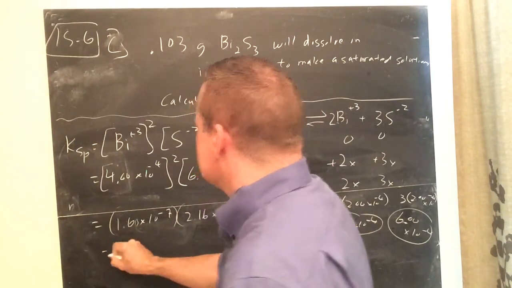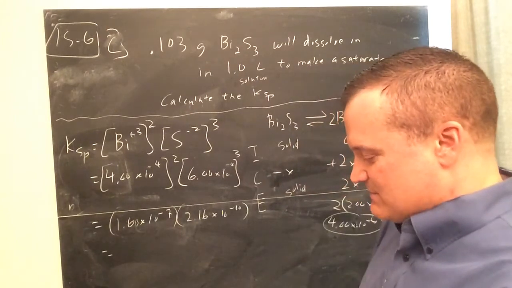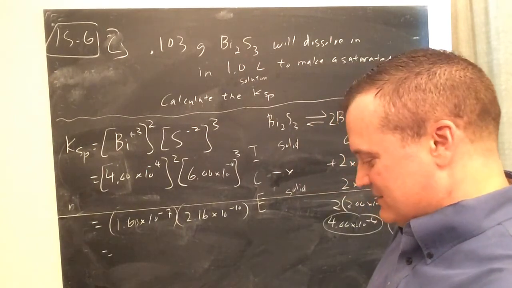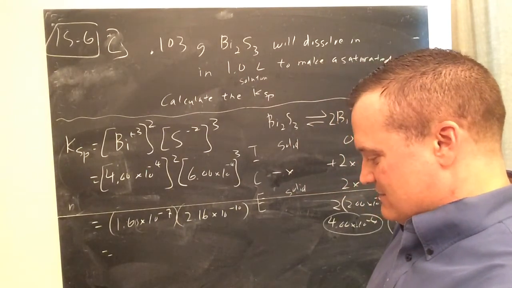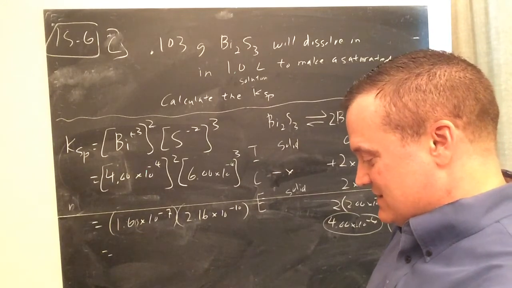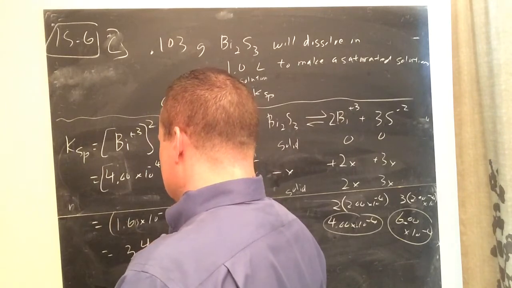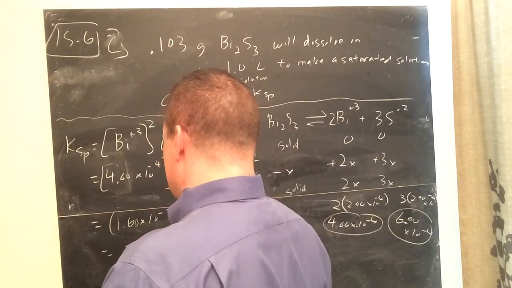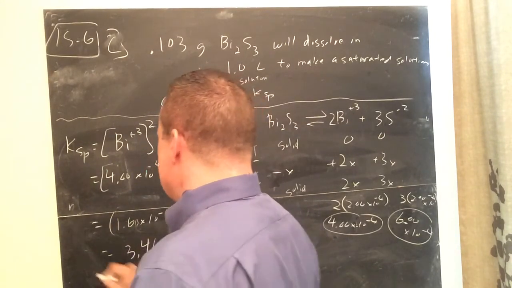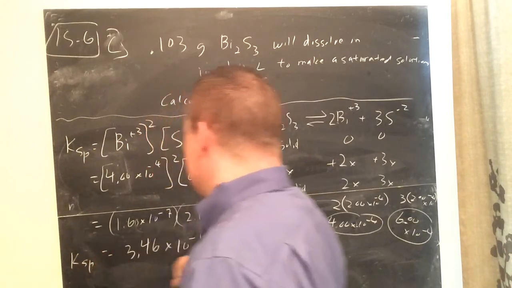Some of these problems, the numbers can be so big or so small that they might not even fit on your calculator, but if that ever happens, don't worry, we'll just see. So it looks like it's 3.46 times 10 to the negative 17. That's a very, very small number.